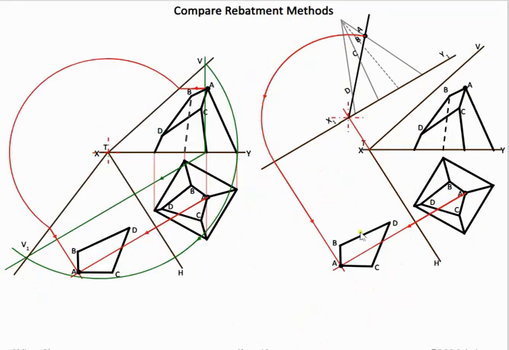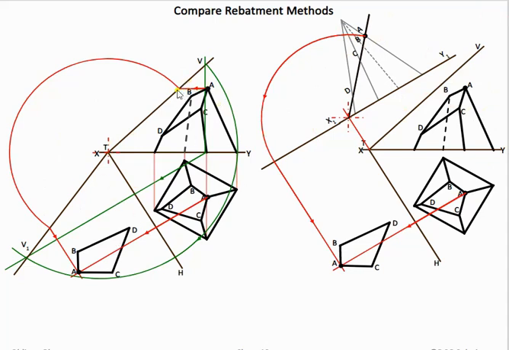So this here is looking at the two methods, so comparing them side by side. So one is where you don't have an auxiliary, but you have the cut surface here given to you, and you have to find the traces. In this one here, we were given the traces, but we had to find the cut surface. So the two methods are shown here. So we take point A in both cases.